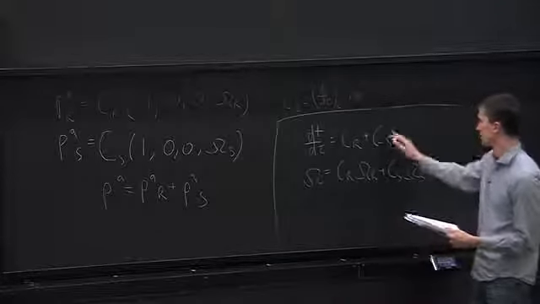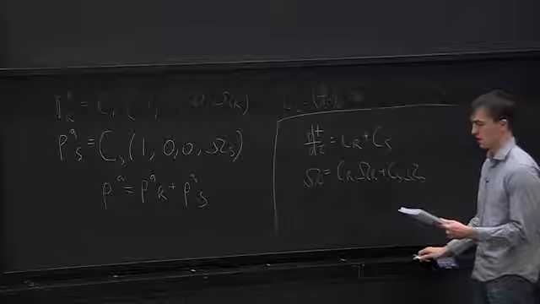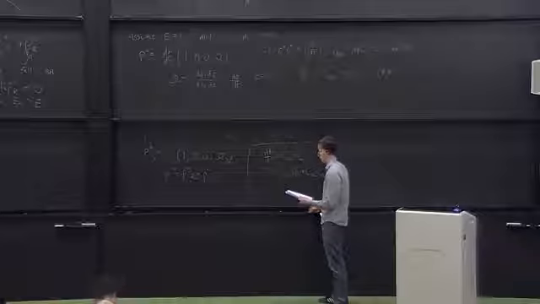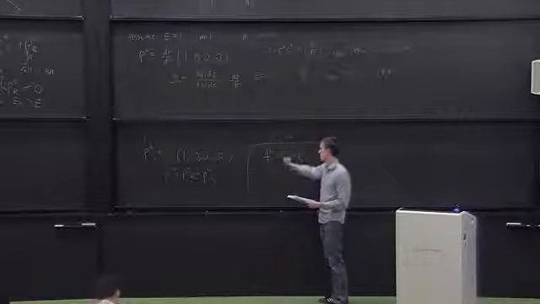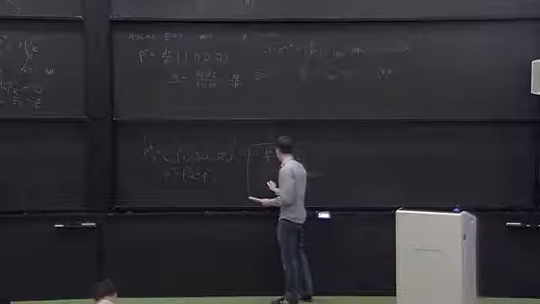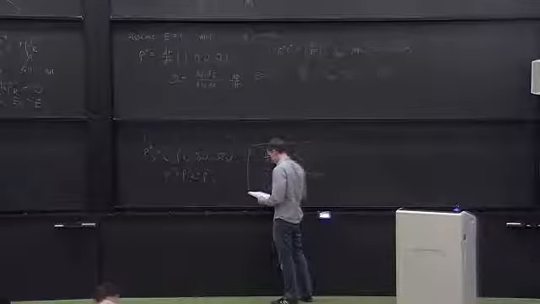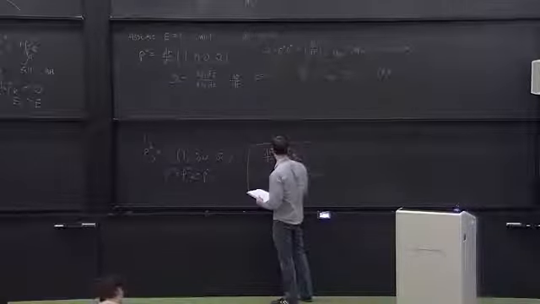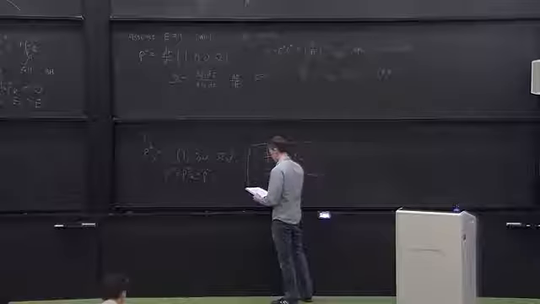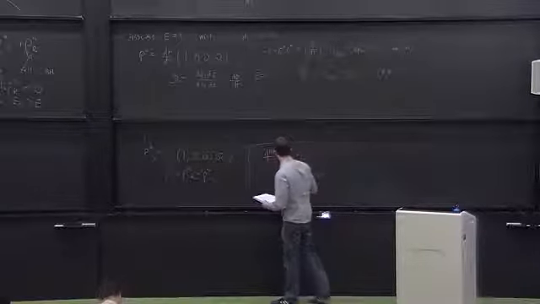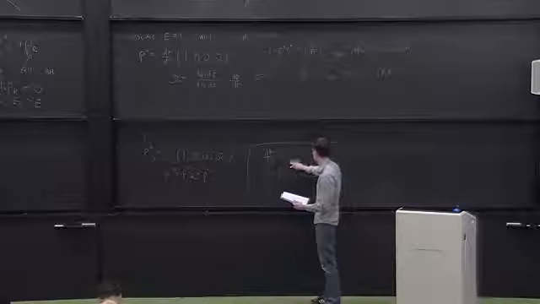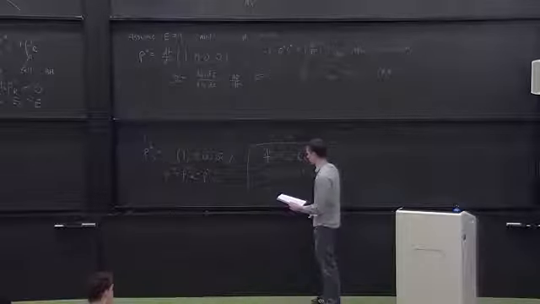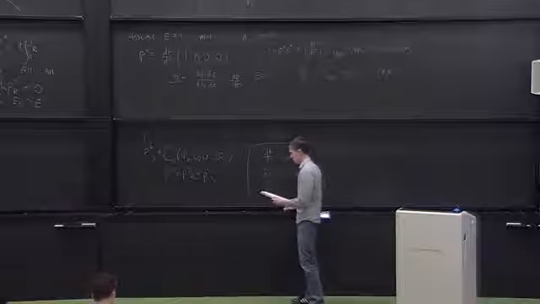Okay, and so we have two equations. We can just solve for CR. Actually, we can use this equation to eliminate CR from this equation and then solve for CS.